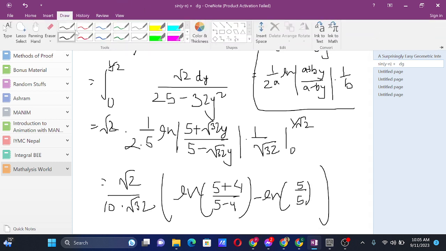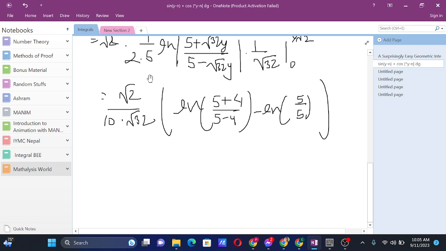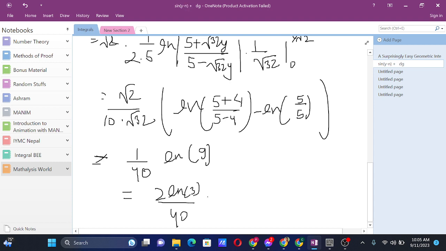Then this is 1 by 40, ln of 9 minus ln of 1, which is 0. Since 9 is 3 square, we get 2 times ln of 3 by 40, and then ln of 3 by 20 is the answer.